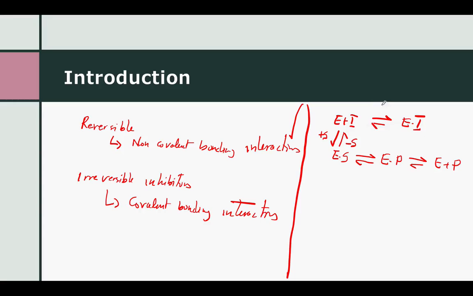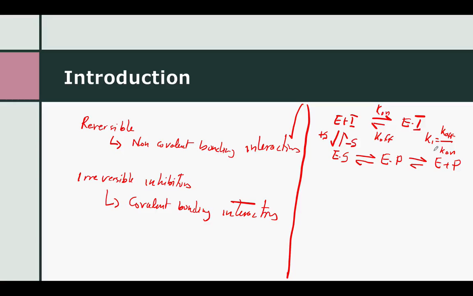There's an equilibrium constant. If this is K on and K off, the equilibrium constant Ki is going to be equal to K off over K on.